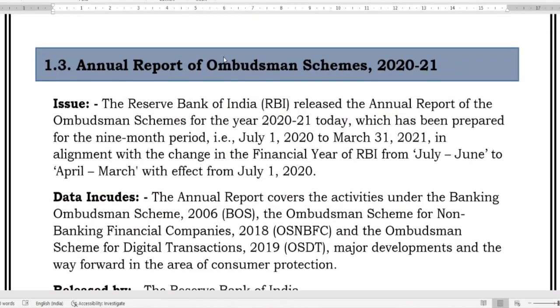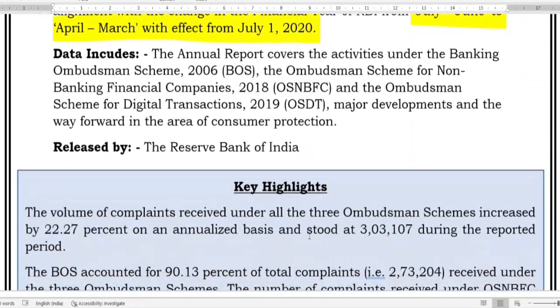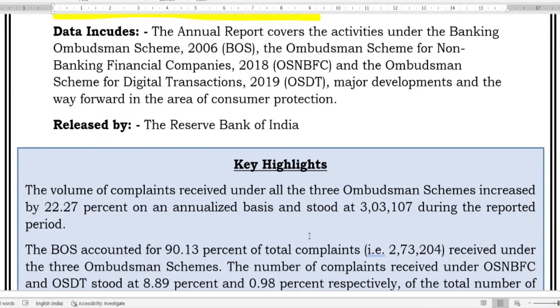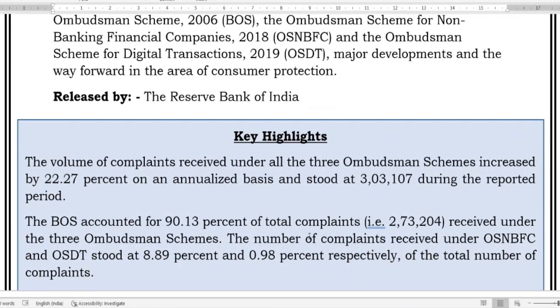Annual report of Ombudsman scheme 2020-21. The financial year of the RBI changed with effect from July 2021, and the annual report of the Ombudsman scheme has come. We do not find many important things here, but since this is descriptive, there can be a few questions, because the ombudsman can also be correlated with governance of the banking system, right? The more they complain to the RBI, the more they lag in governance. When will you go to the ombudsman?